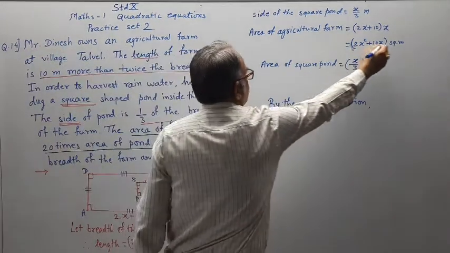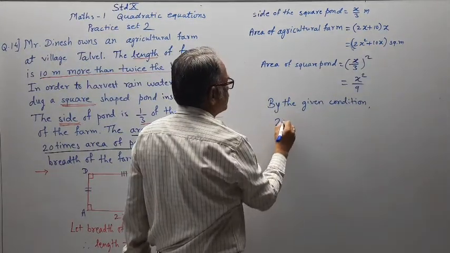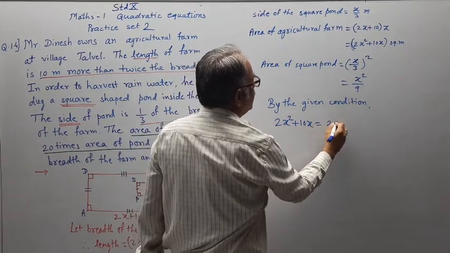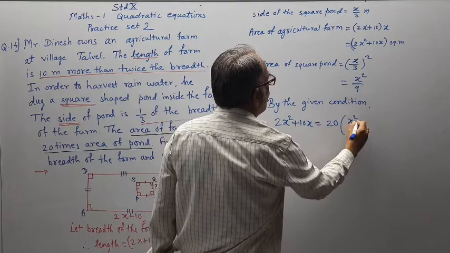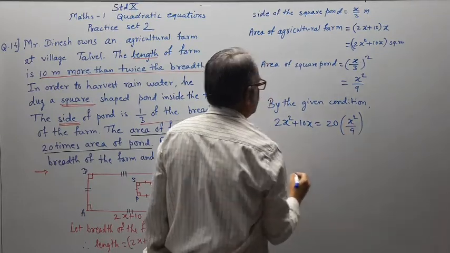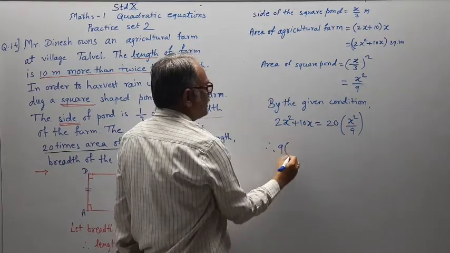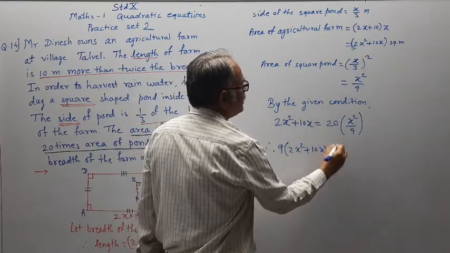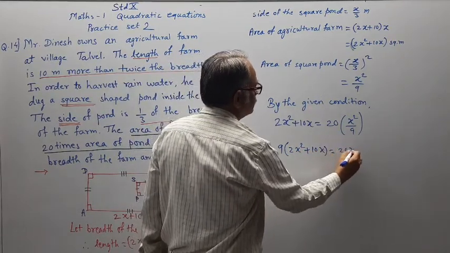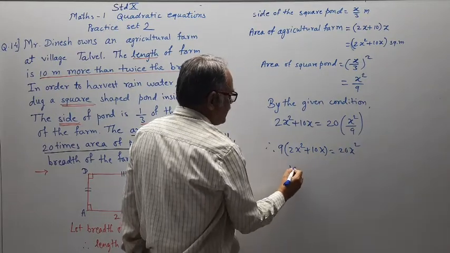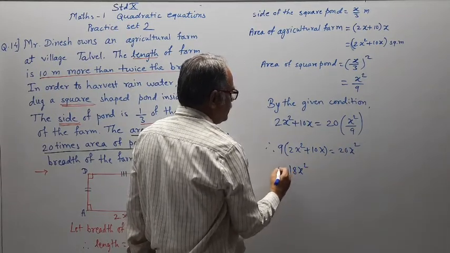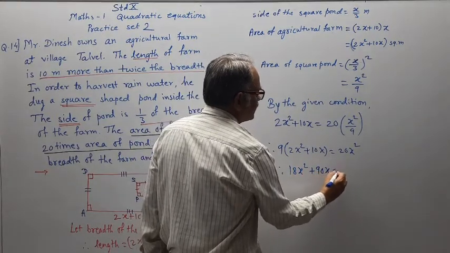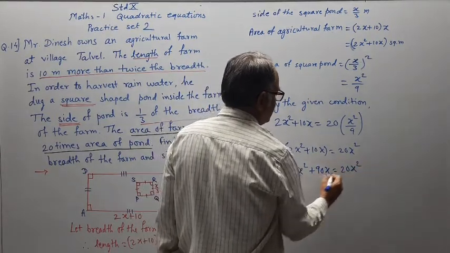Area of farm 2x square plus 10x is 20 times x square upon 9. Then cross multiply: 9 into 2x square plus 10x is 20x square. 9 into 2x square is 18x square, 9 into 10x is 90x, equal to 20x square.